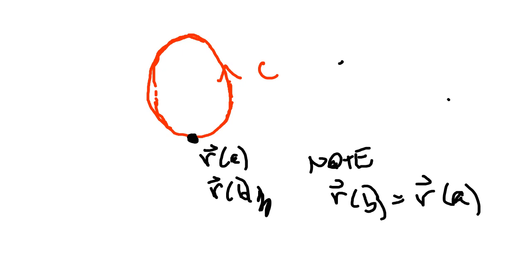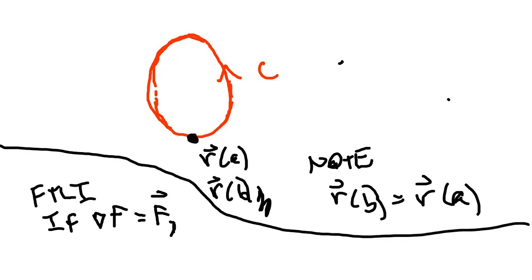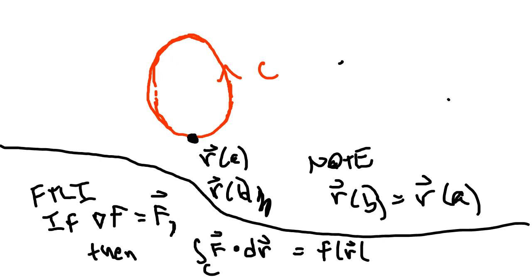Well, in a conservative vector field, by the fundamental theorem of line integrals, FTLI, if the gradient of f is equal to the vector field, in other words, you found a potential function such that the vector field F equals the gradient of the function, then the work is simply equal to the function evaluated at the endpoint minus the function evaluated at the beginning point.